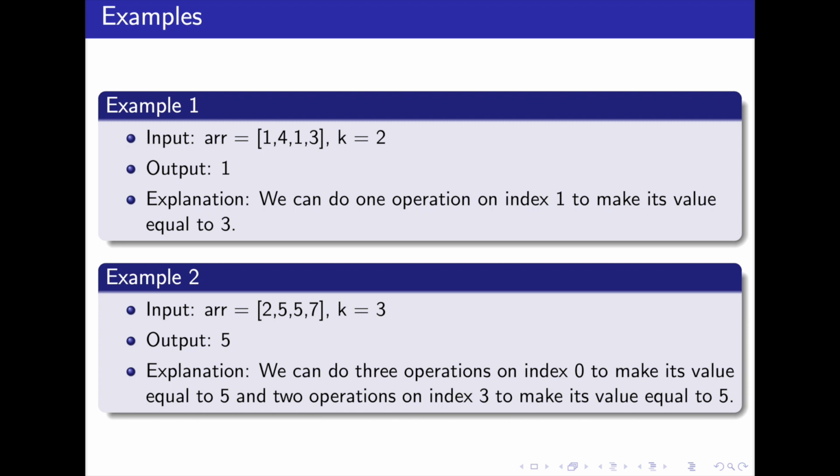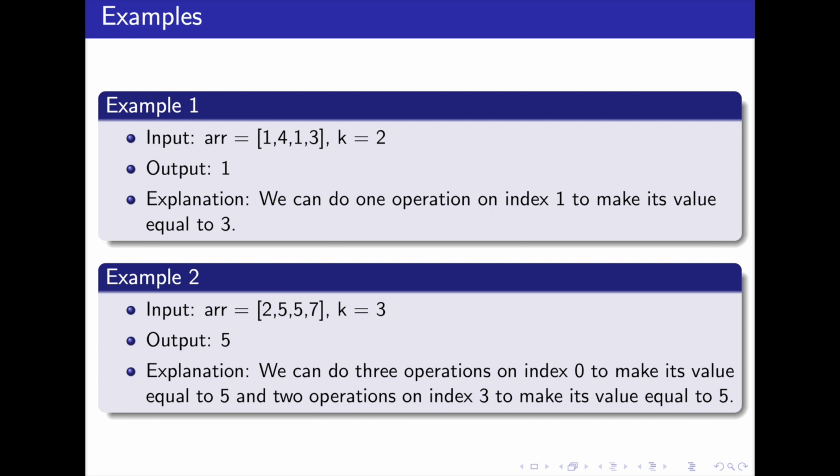Example 2. In this case, the input array is arr equals [2, 5, 5, 7], and k equals 3. The output should be 5. To achieve equal subarray sums, we can do 3 operations on the element at index 0 to make its value equal to 5, and 2 operations on the element at index 3 to make its value equal to 5.